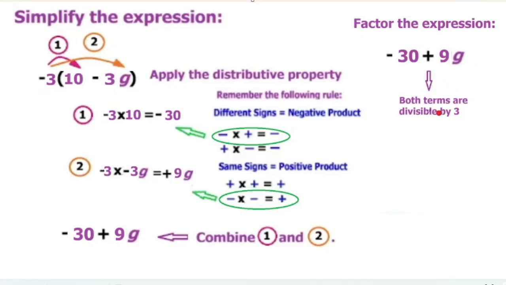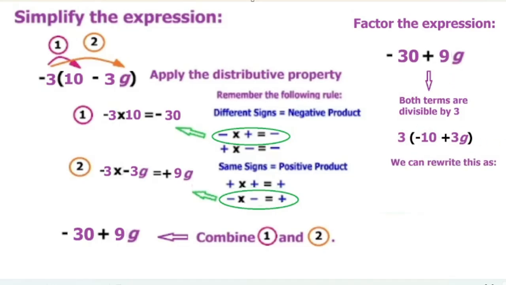So both terms are divisible by 3. 3 fits into both. So now we just take negative 30, divide by 3, and it gives us negative 10. And then you divide 9 by 3, it gives you 3.